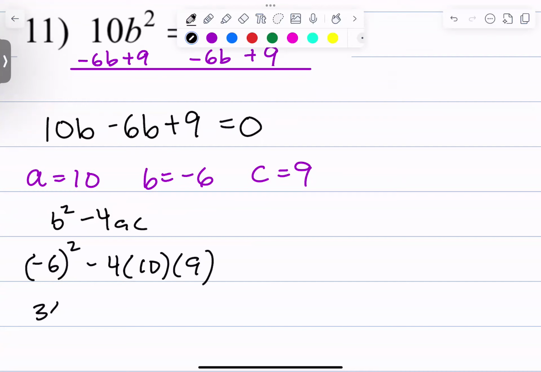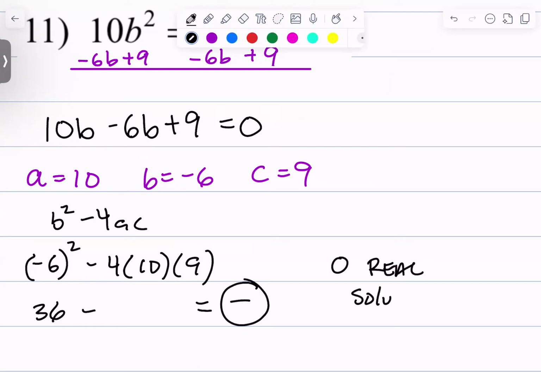That would be 36 minus, what's 4 times 10? 40 times 9 is a bigger number. 36 minus 40 is still a negative number. So if you just use your brain a little bit, you know it's going to be a negative number. So it's just 0 real solutions. Okay.